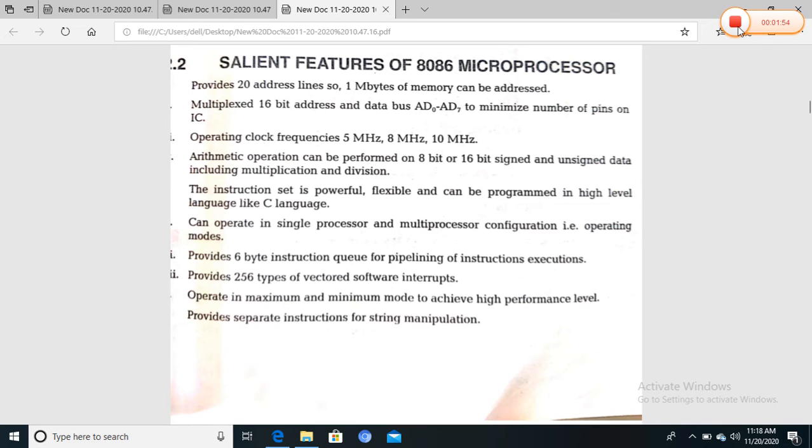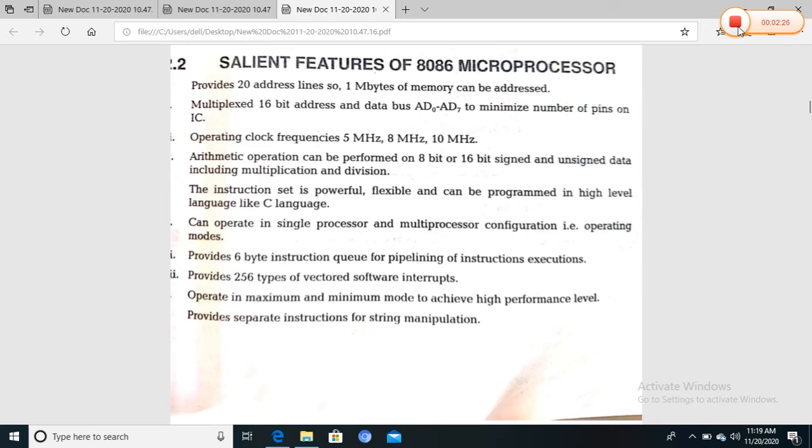HMOS technology is used, and 29,000 transistors are used in this processor. HMOS means high-performance metal oxide semiconductor. The 16 lines are multiplexed with the data lines, AD0 to AD15, and the remaining are multiplexed with status signals, which we will study in detail in the pin diagram.